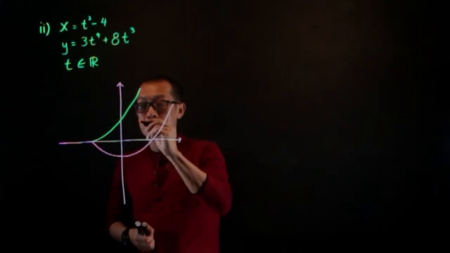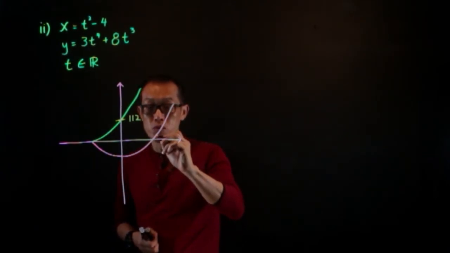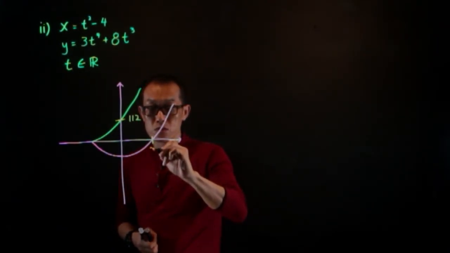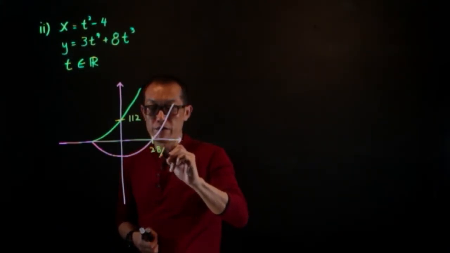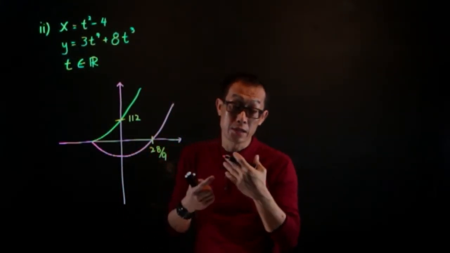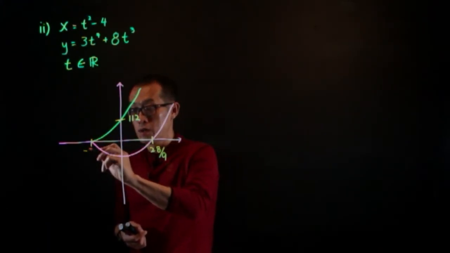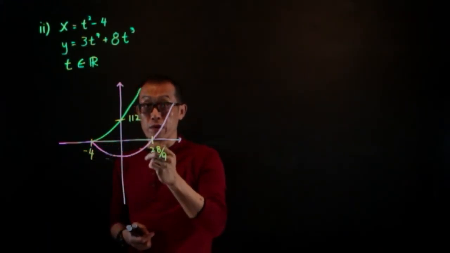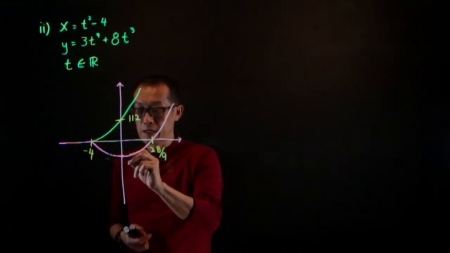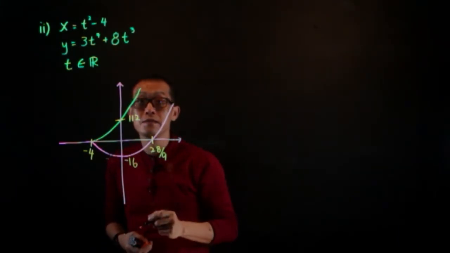Now, this value here, where it cuts the y-axis, is 122 and 28 out of 9. You may get it in decimal if you are using your GC, to read off where it cuts the x-axis and y-axis, and this part is minus 60.